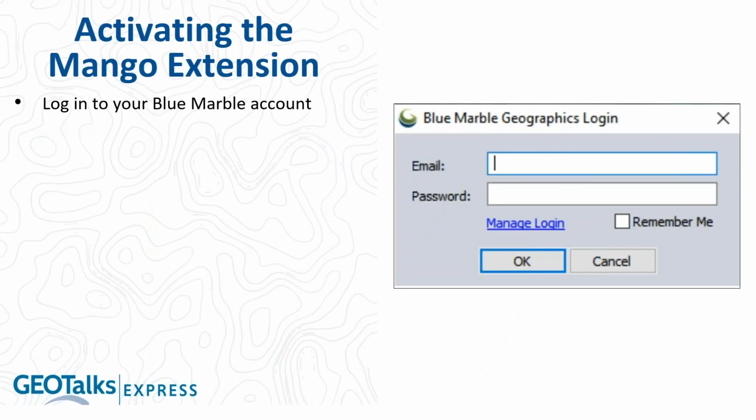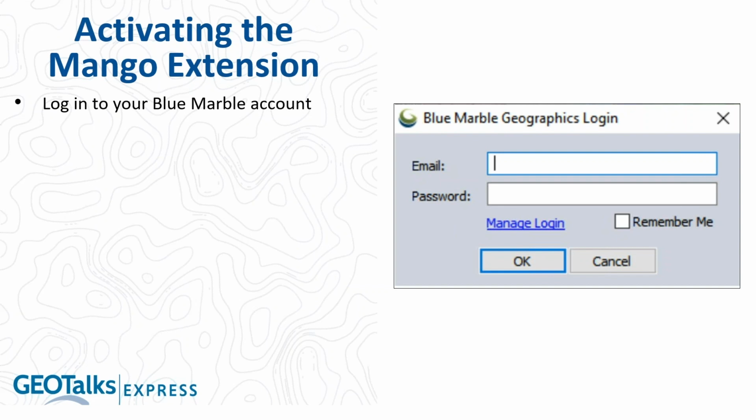And so here we are talking about how we can now upload our map to Mango. You'll see we'll pick up right where Billy left off, once you click the MangoMap extension button. The very first thing you do is just log into your Blue Marble account.